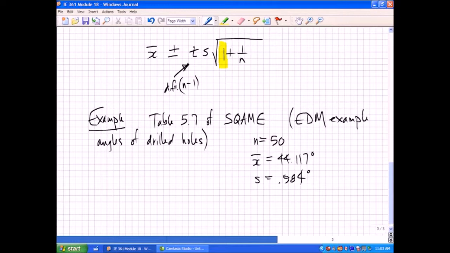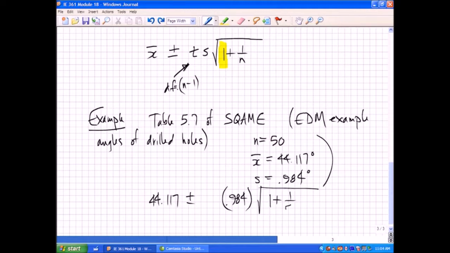And the idea here is I want to think about saying, well, what does this sample tell me about, say, a 51st, not 1 through 50, but one more angle drilled by this process. What I need to do is to take the mean, which is 44.117, and hedge it to the right and to the left a t-value times 0.984, that's the standard deviation, times the square root of 1 plus 1 over 50.